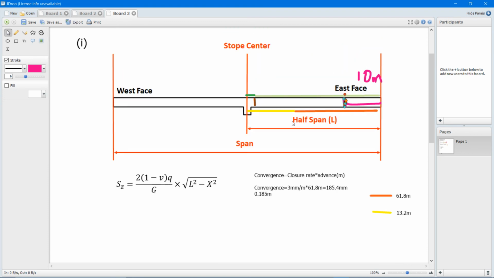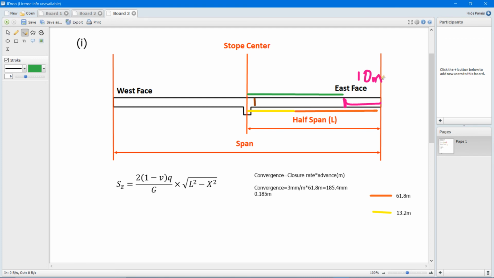Now, the distance x, let's just get rid of these. They aren't being used anymore. We're looking for x, which is from the slope center all the way here. Okay, let's draw a line there.